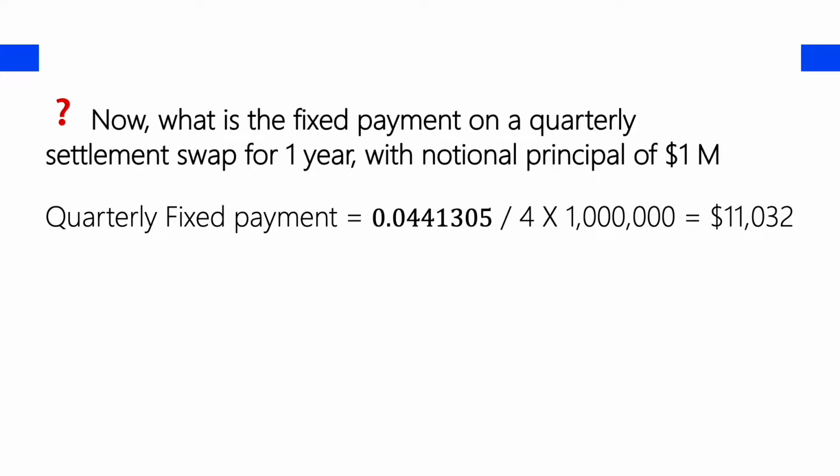Once you've done that, multiply it by your notional principal, which is $1 million, multiplied by 1.1%. That will give you a quarterly payment of $11,032. If you're the pay fix side, you'll be paying $11,032 every quarter. That's it. We've calculated our payment.